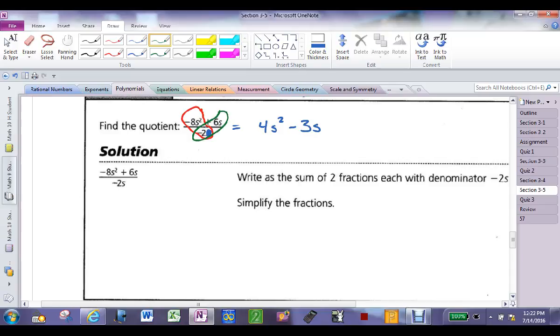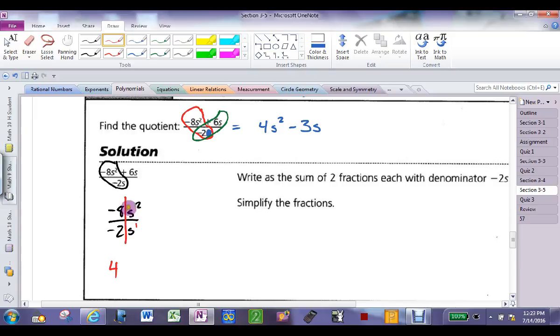Okay, what changes here? Do you think anything changes? No. We start with this one. Negative 8s squared over negative 2s. What goes together? Numbers go with numbers. What's negative 8 divided by negative 2? Positive 4. And s squared divided by s, what's s's exponent? 1. What do you do with exponents when the bases are the same?